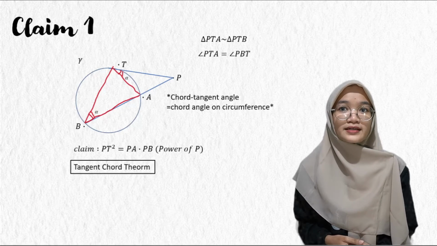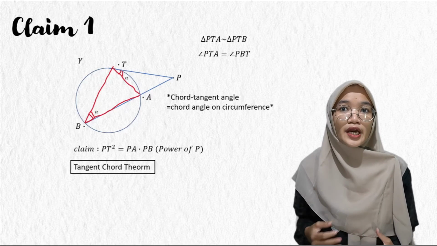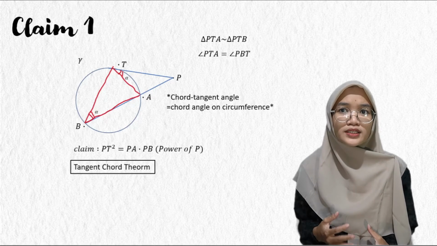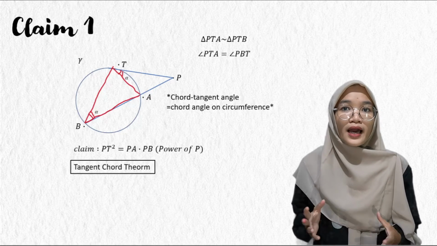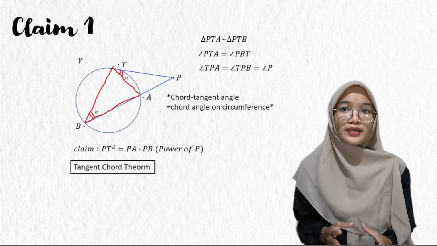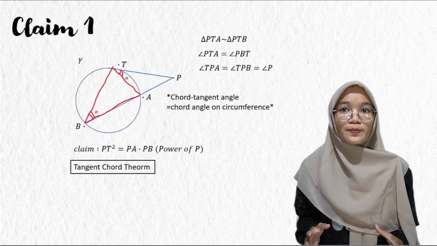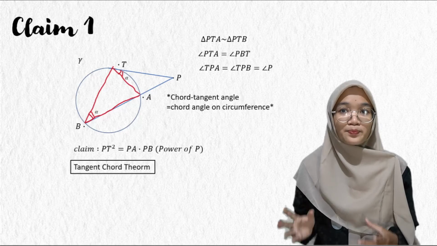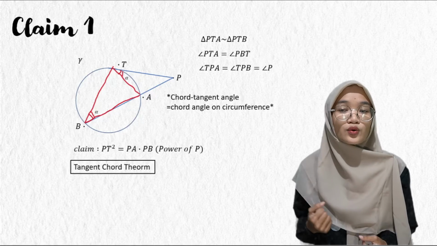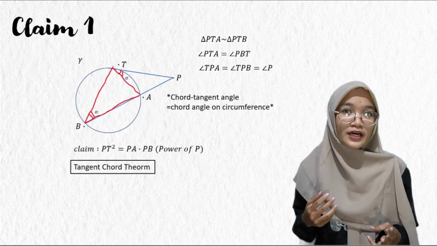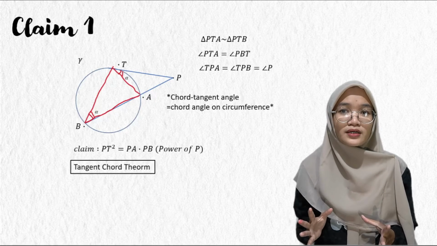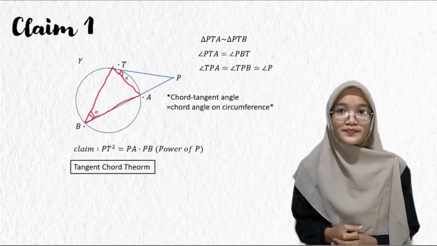Notice that angle PTA is equal to angle PBT. So one angle is equal to another angle. Angle P is common, so angle TPA equals angle TPB, which is the same. If two angles are equal, of course the third angle will be equal. So the triangles will be similar.